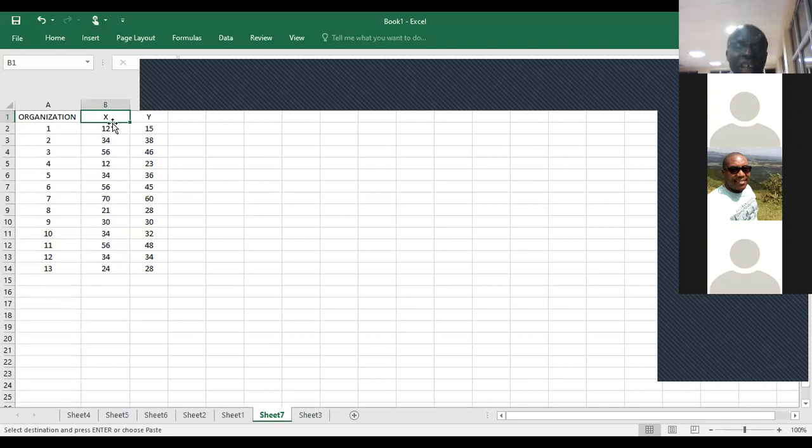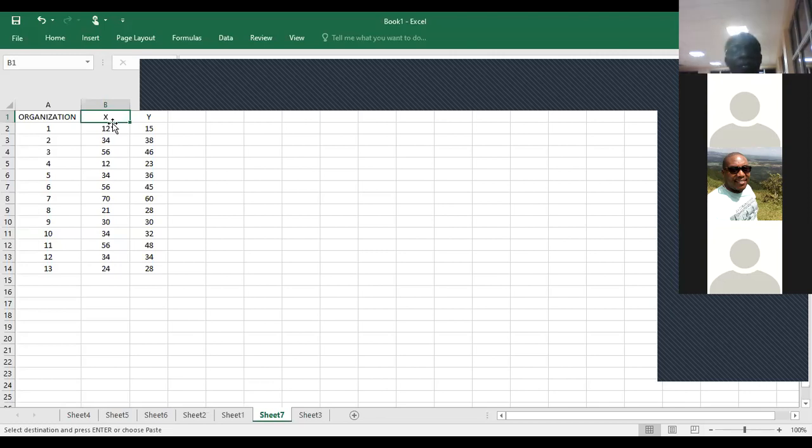Reality will be fluctuation between X and Y. If you do a scatter plot, you'll see some fluctuation between X and Y. It's never linear, but you build the best linear model possible to estimate Y given X, whether multiple or simple. Here we'll deal with the simple, then we will generalize for multiple.